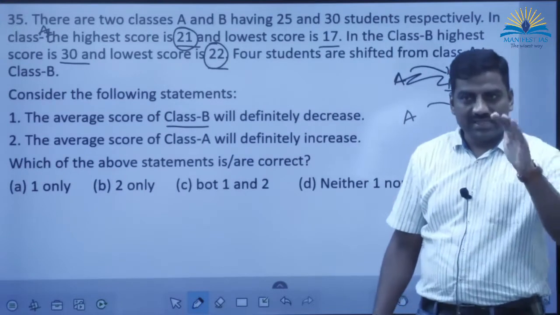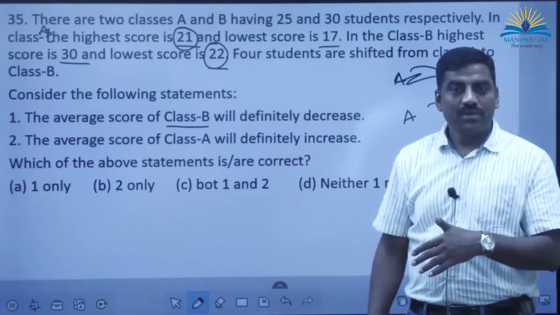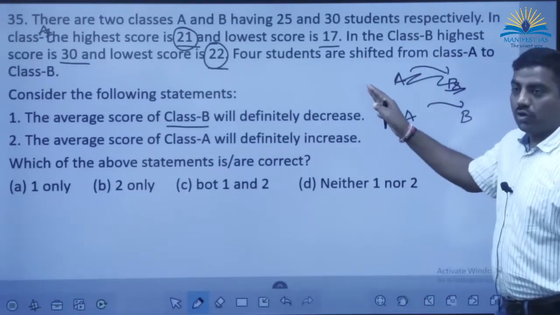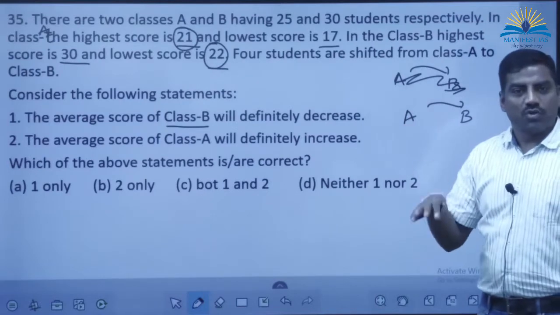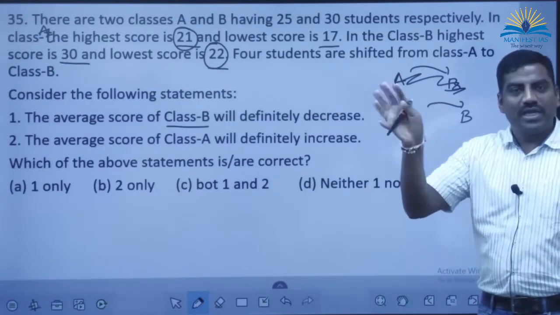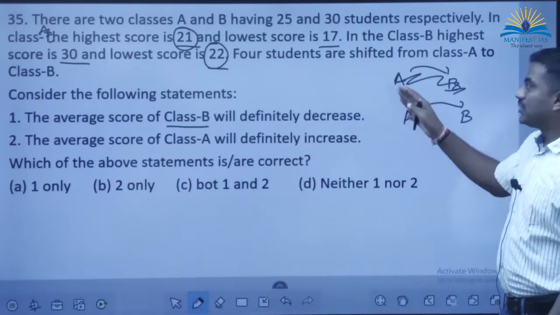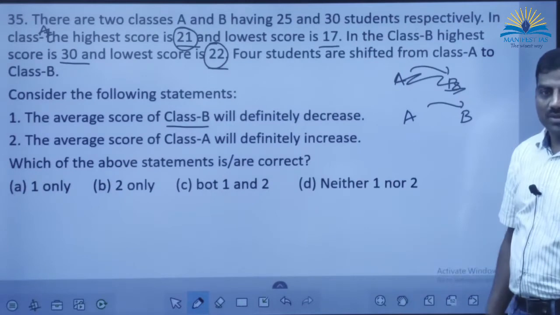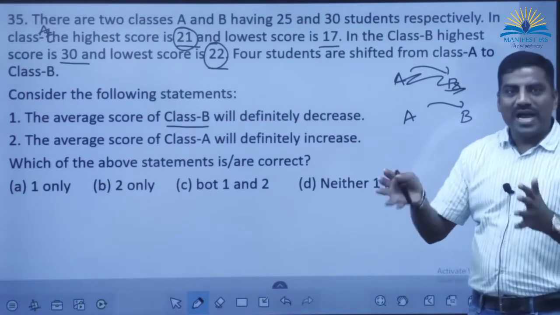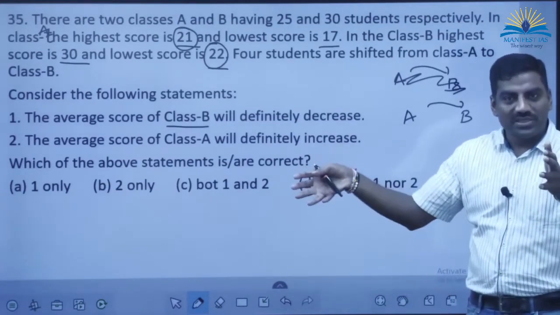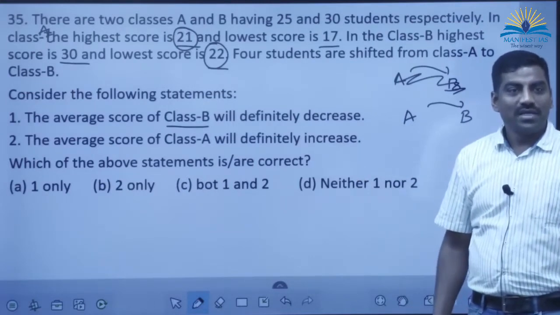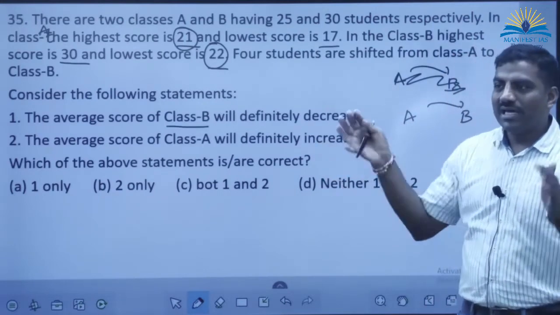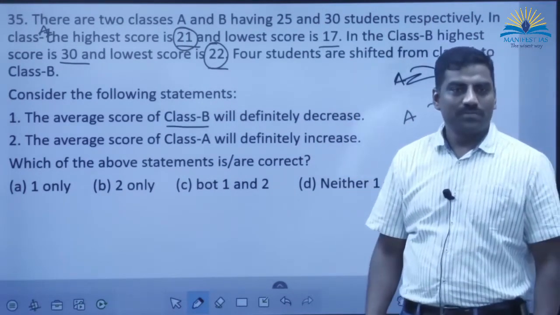Yeah, performance is lesser. Even the best of them is lesser than the worst of class B. Yes? And you don't worry which students are going. Let us say the best student only is going. Best student with 21 marks going to class B. The newer person, when you add, definitely the overall performance of the class will decrease, right? Even the best of the performers is going from class A to class B. Their overall performance will come down.